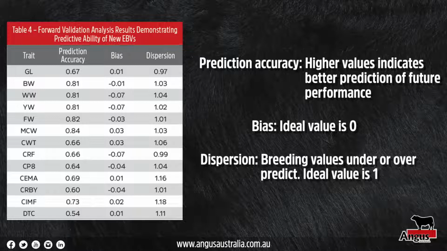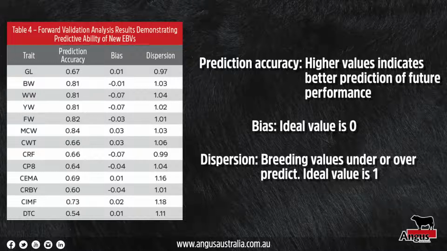You can see down the board, those values are all quite high. When you see similar validation statistics coming out of different genetic evaluations, both in Australia and around the world and in different species, those prediction accuracies are very high. So values, particularly for the growth traits, at 0.8, and down to the carcass traits at 0.6 to 0.7, are doing a really good job of predicting breeding value of animals.